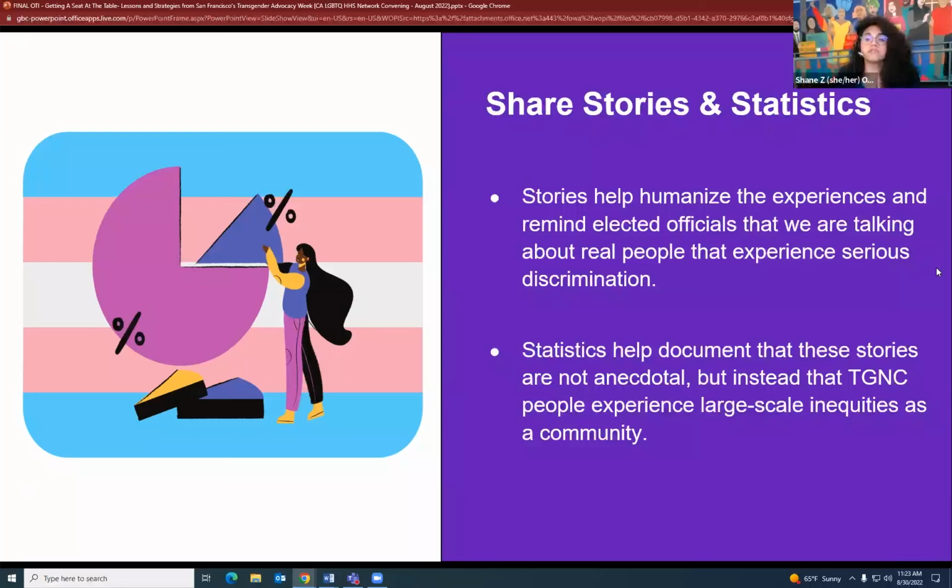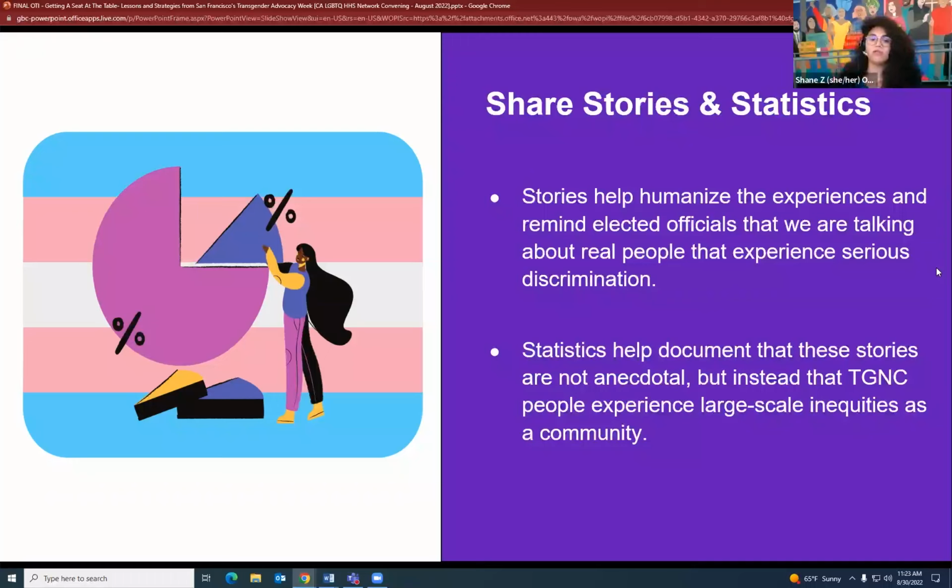These are experiences we know, but a lot of times elected officials might not have the scope of how that impacts a trans person's life daily, right? And how even when trying to access the services that exist, there is constant fear or struggle associated with that because of past traumas.